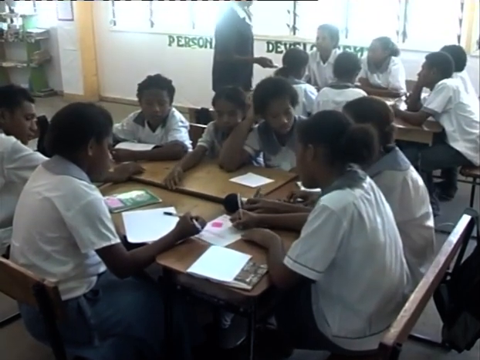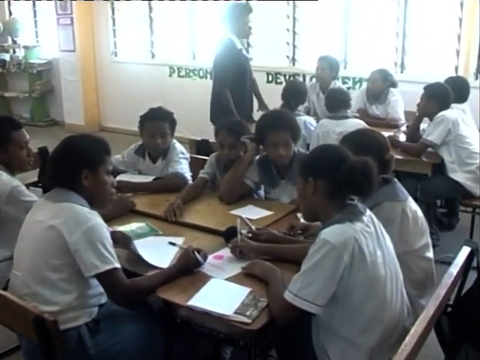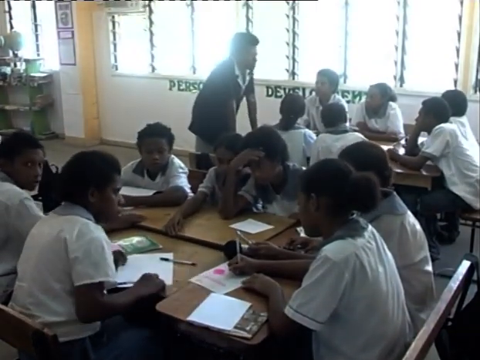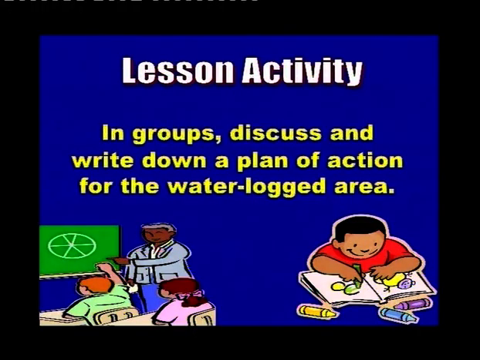Where it says what will a project look like is, what sort of project do you think you can do to help to change that waterlogged area into a good area that can help to improve the environment of the school. And there are things that you can do to help to change that area into a good place rather than a place being muddy.